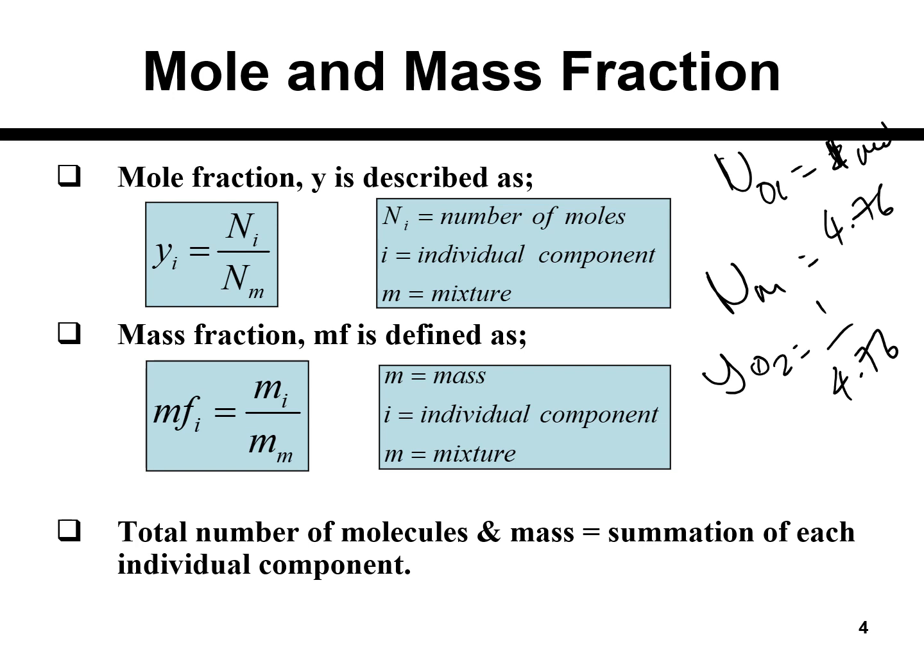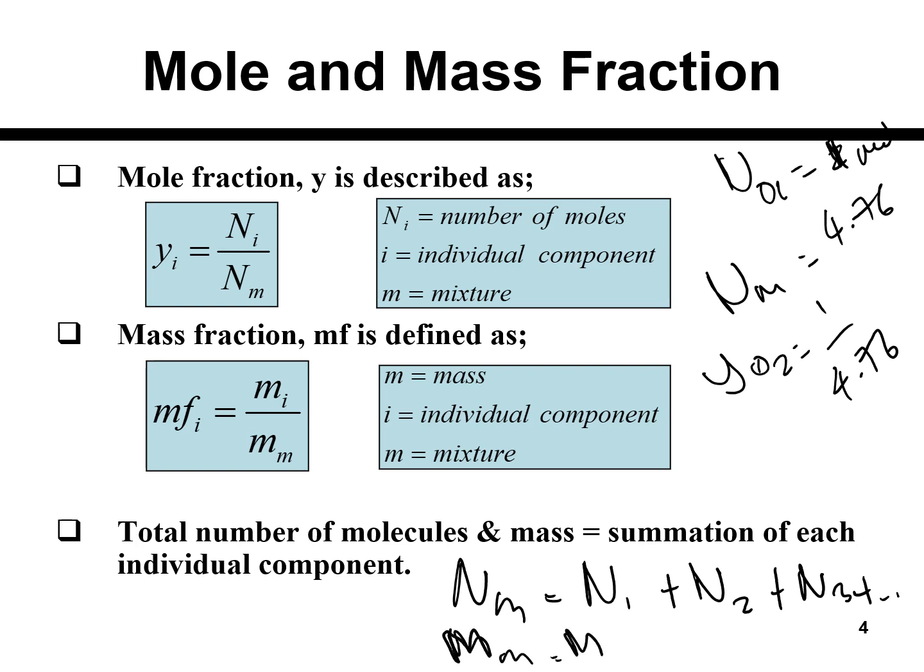For example, the number of moles for the mixture is the moles of component 1 plus component 2 plus component 3, and so on. Likewise, the mass of the mixture is given by the mass of substance 1 plus substance 2 plus substance 3 and the other substances.